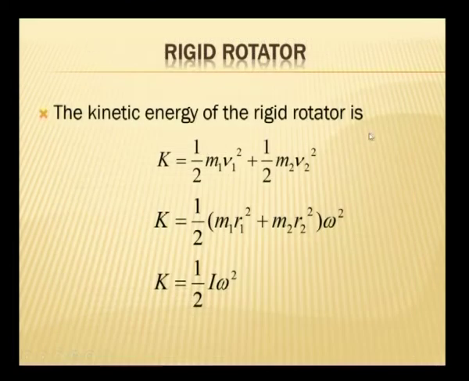The kinetic energy of the rigid rotator is half m1 v1 square plus half m2 v2 square. So, the total kinetic energy will be half into (m1 r1 square plus m2 r2 square) multiplied by omega square, or K will be equal to half I omega square.